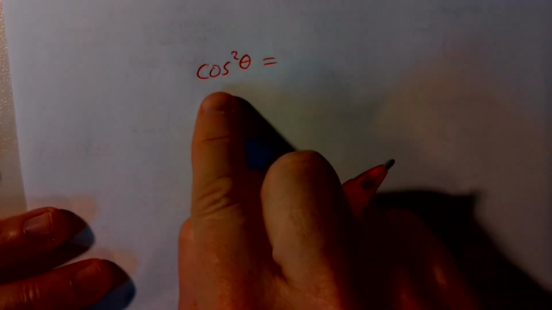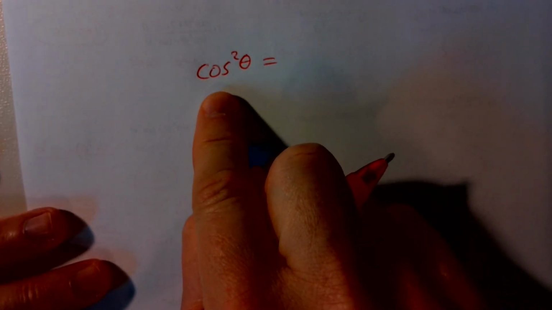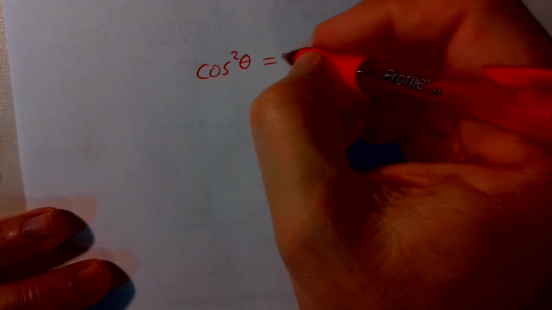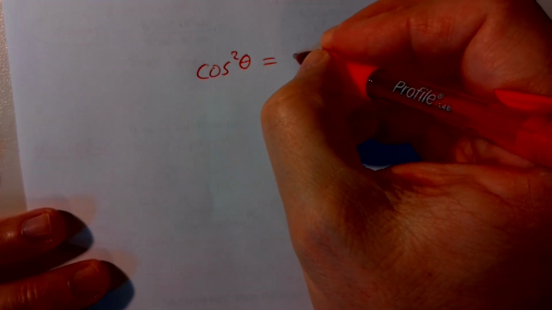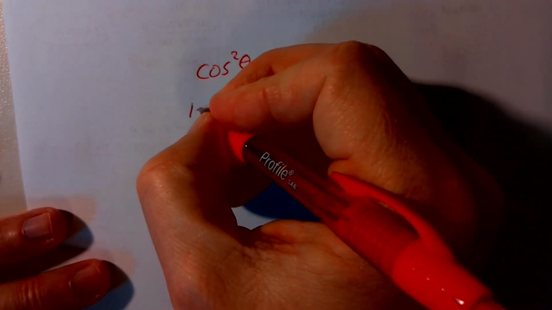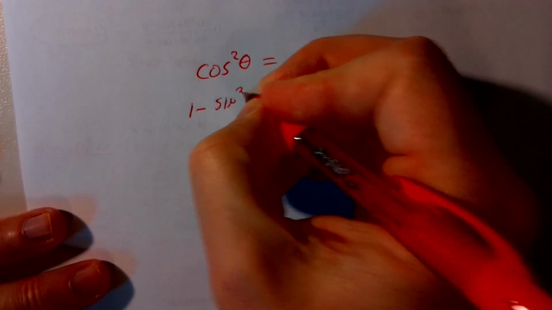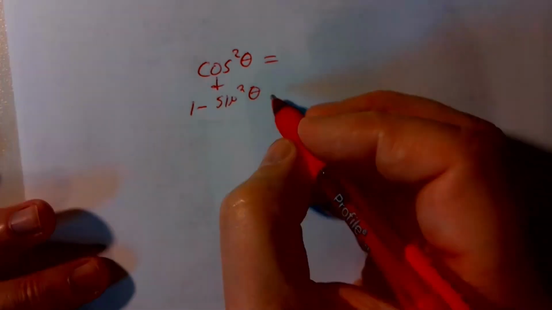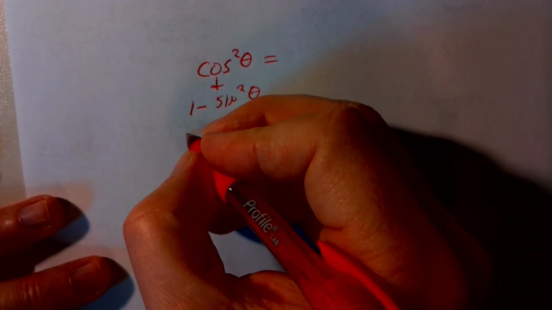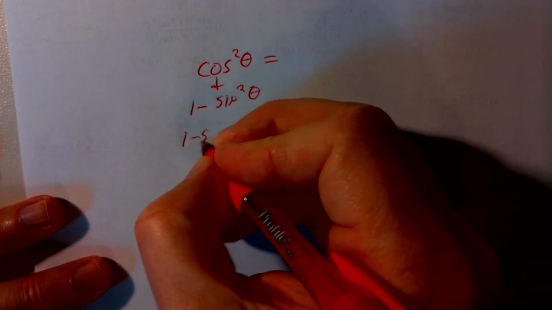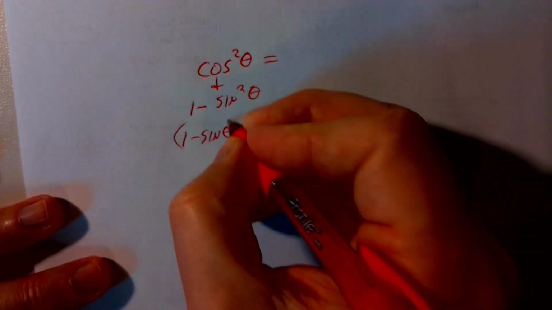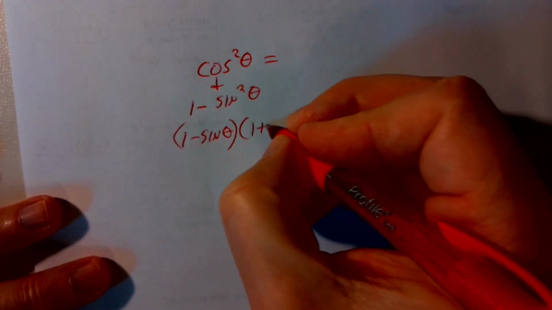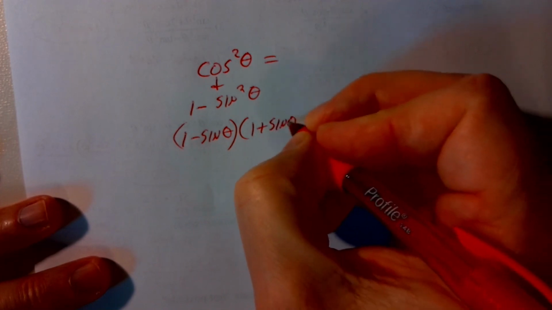Good deal. Well, we know that cosine squared theta is equivalent to 1 minus sine squared theta. Is that correct? I know that that's true. And I know that 1 minus sine squared theta is equal to 1 minus sine theta times 1 plus sine theta.